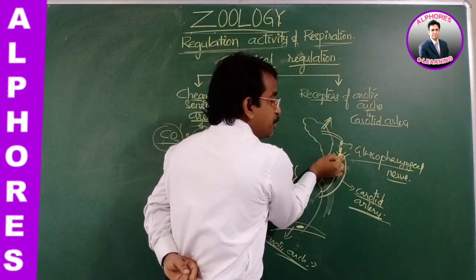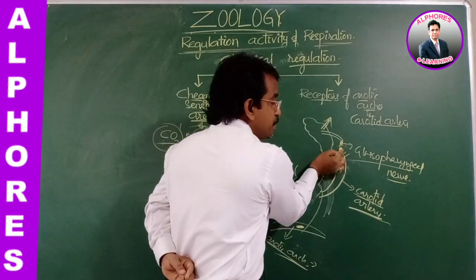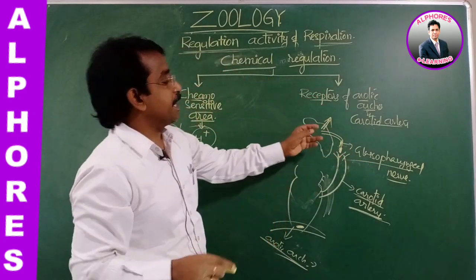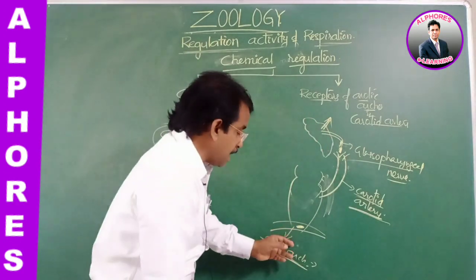First of all, the carotid artery detects the presence of the CO2 and H+ and gives the signal to the glossopharyngeal nerve. The glossopharyngeal nerve takes it into the medulla oblongata. Next one is the aortic arch.